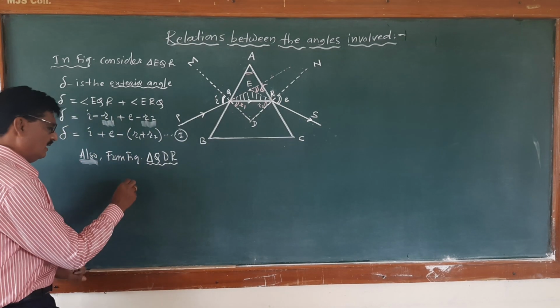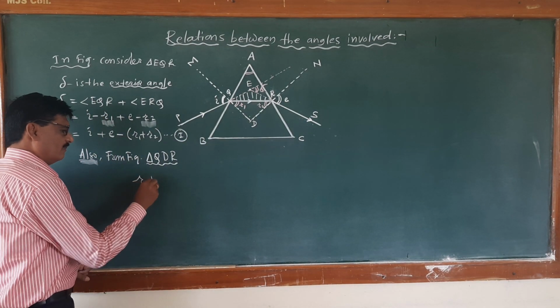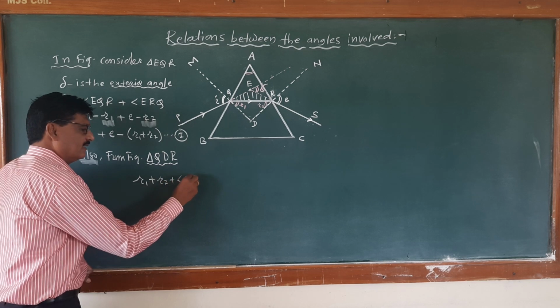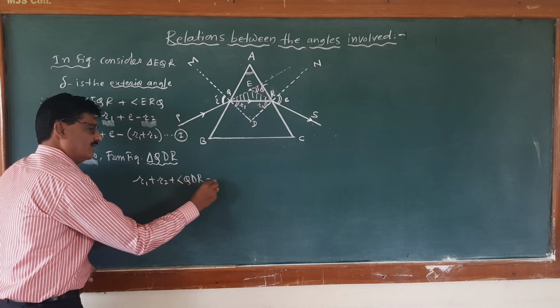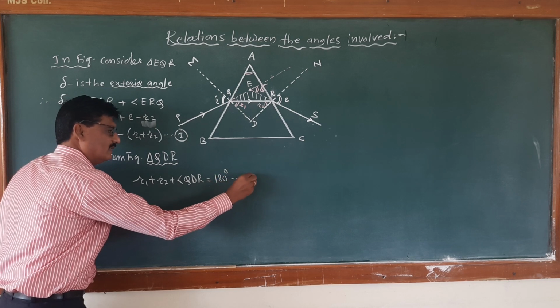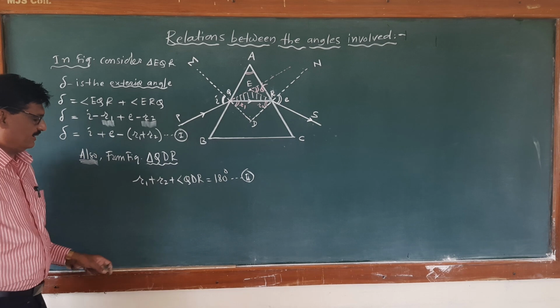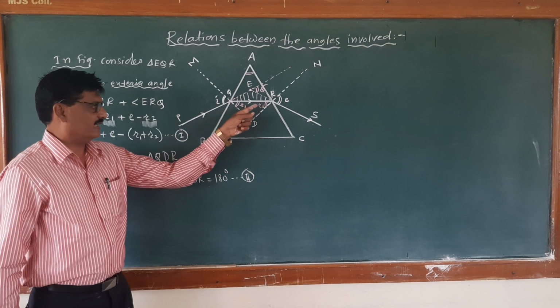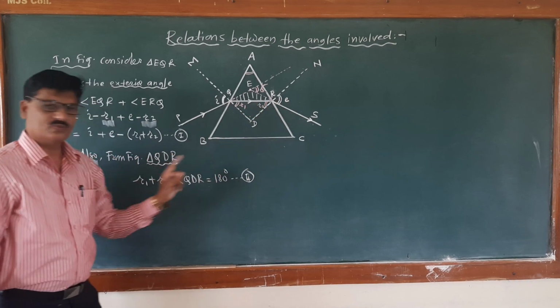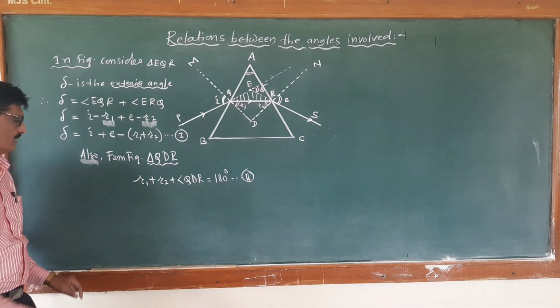I write here first of all, R1 plus R2 plus angle QDR, and this is nothing but 180 degrees. This is called the second equation: angle R1 plus angle R2 plus angle QDR is equal to 180 degrees.